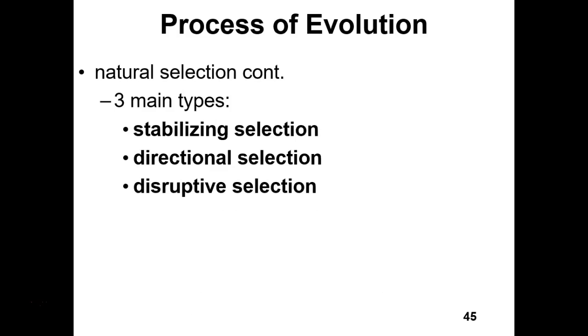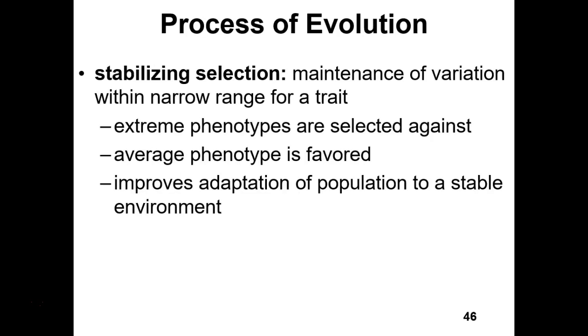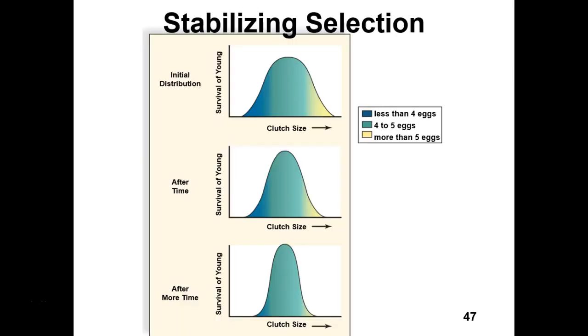There are three types of natural selection that we tend to look at. Stabilizing selection occurs when, and so I'm going to just move to the next slides where you can look at this, stabilizing selection occurs when an intermediate phenotype is favored over the extremes.